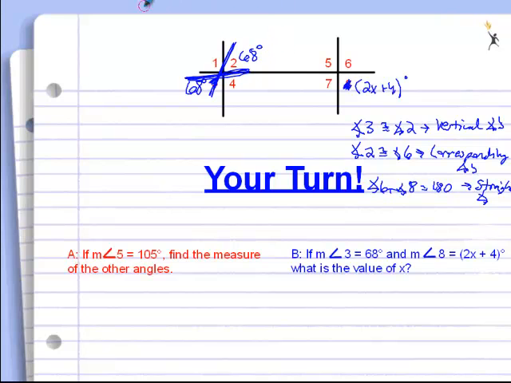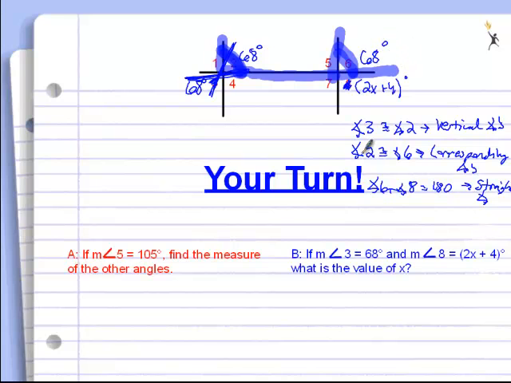Then I said that angle 2 and angle 6 are congruent. The reason I can say that is because angle 2 and angle 6 are corresponding angles. Corresponding angles are congruent. So if angle 2 is 68, angle 6 has to be 68.